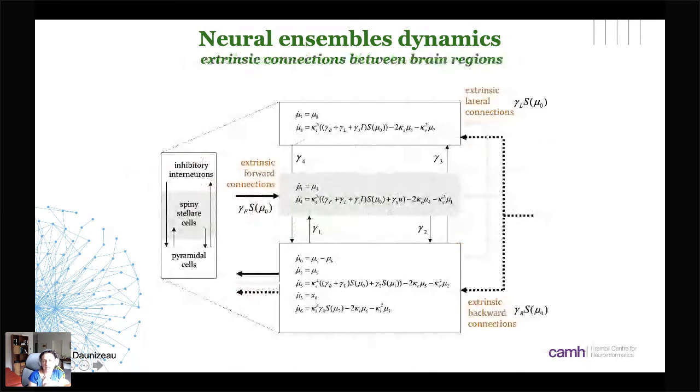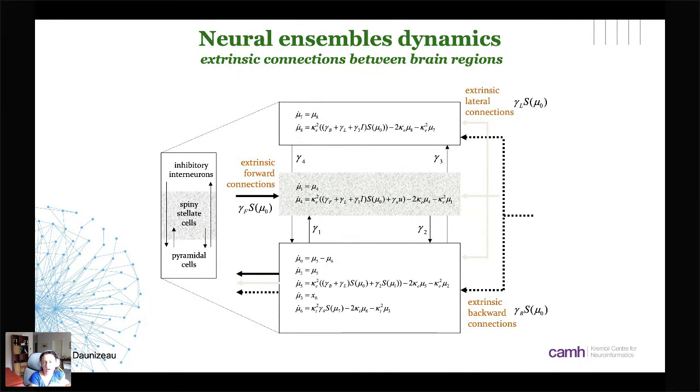So these different neuronal subpopulations are interconnected with each other using external lateral connections, extrinsic backward connections and extrinsic forward connections. This is based on anatomical rules of extrinsic region-to-region connectivity proposed by Felleman and Van Essen in 1991.